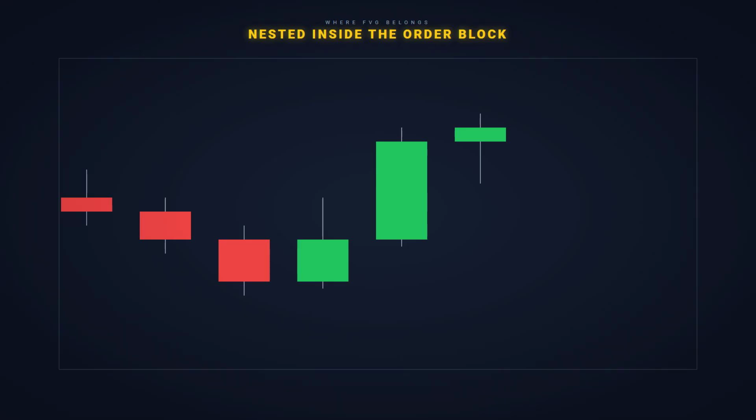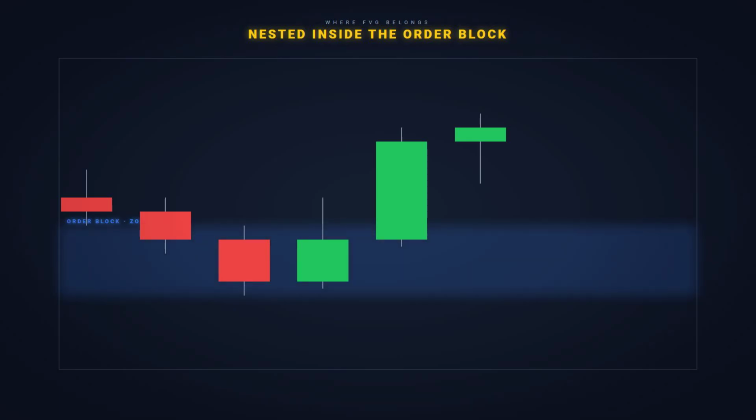Now let's talk about where FVGs actually belong in your process. Because used in isolation, they're moderately useful. Combined with order blocks, they become your precision entry tool. Here's the sequence. Price returns to a valid order block, one that preceded a structural break, unmitigated, aligned with your HTF bias. That OB gives you your zone.